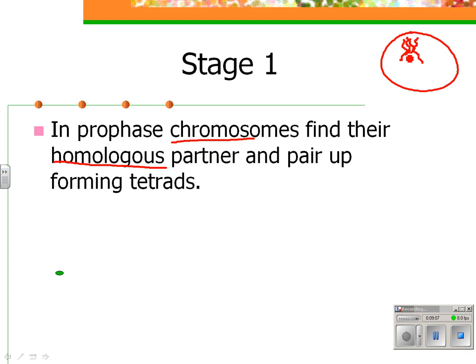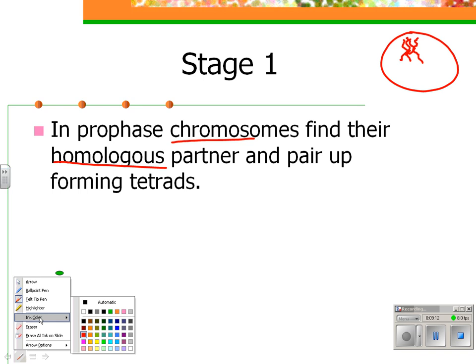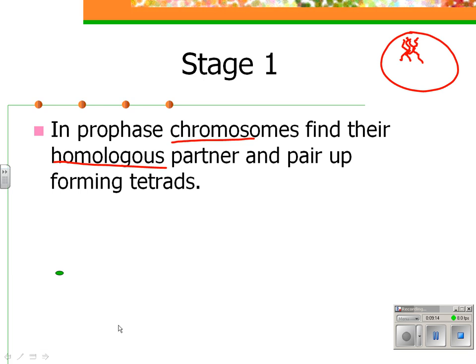And chromosome number 22, because it's really small, will pair up with its little partner, and so on for 23 pairs. They form what are called tetrads because there are 4 chromosomes in each pair.